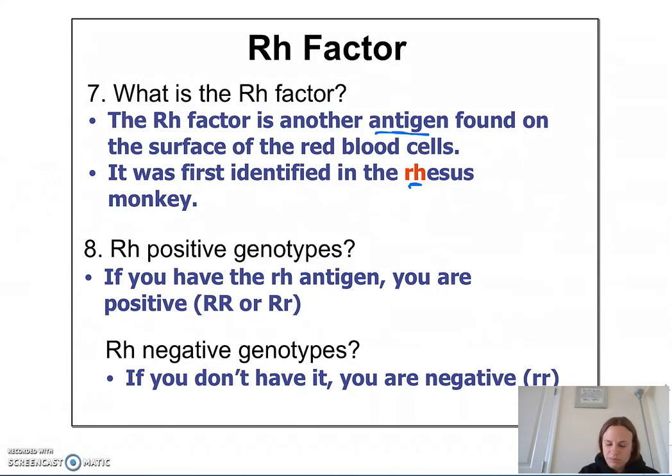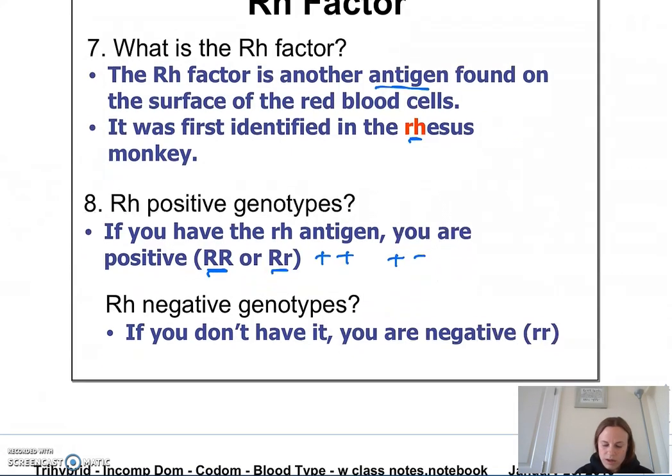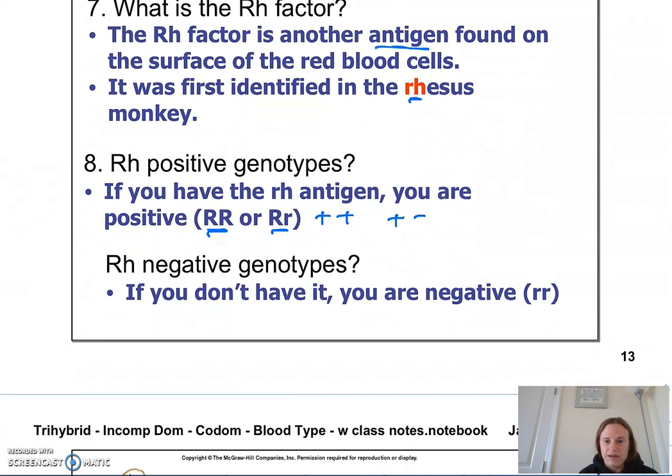If I'm Rh positive, I can be homozygous or heterozygous, and Mr. Anderson rates it as this. Either way is fine. Or I could be Rh negative, meaning I don't have the antigen. So that is a recessive trait. Mr. Anderson rates it as this.